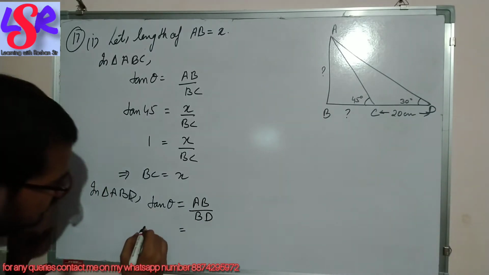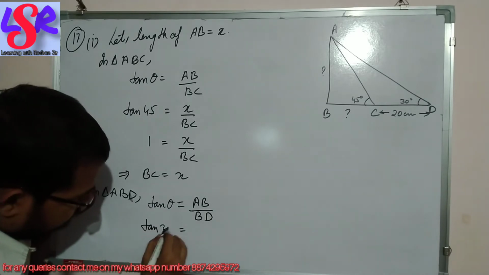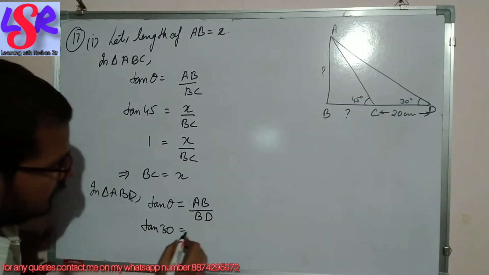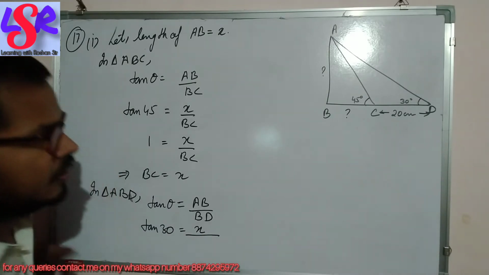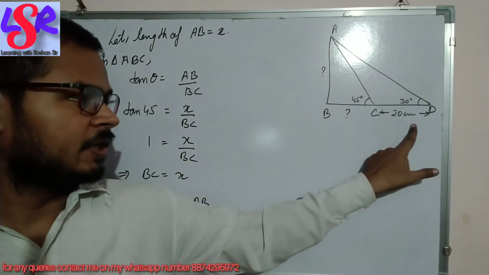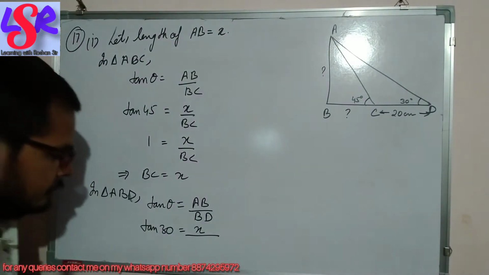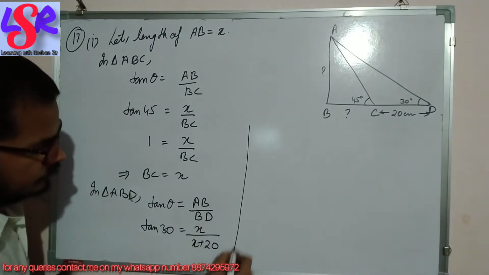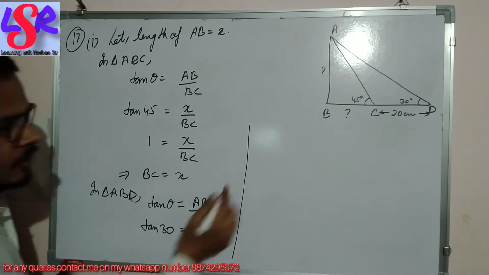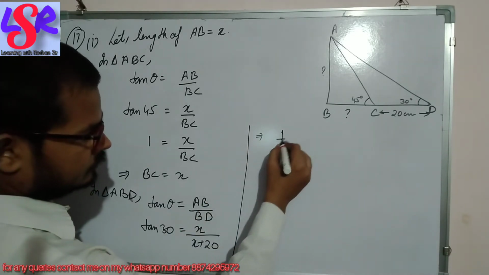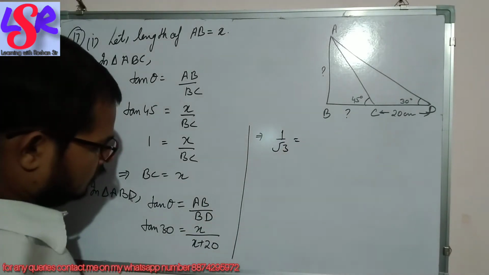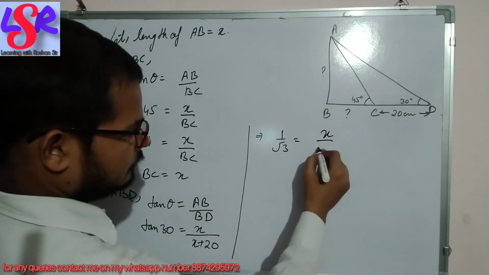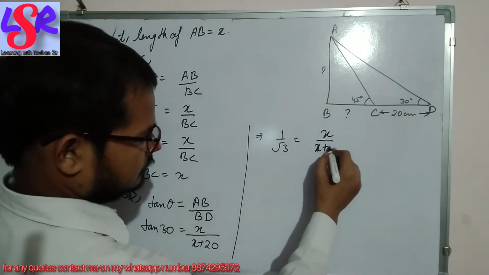Tan 30, and AB we are having x. BD will be BC plus 20, that is x plus 20. Now the value of tan 30 is 1/√3 equals to x upon x plus 20.